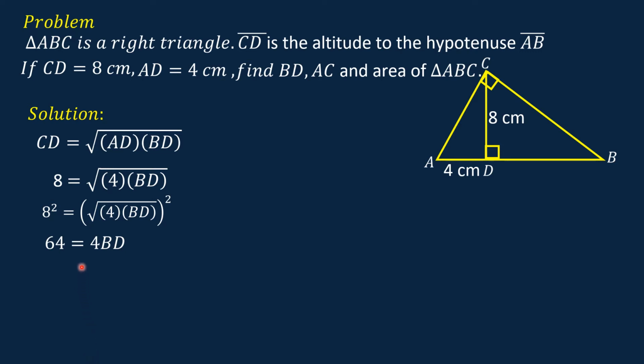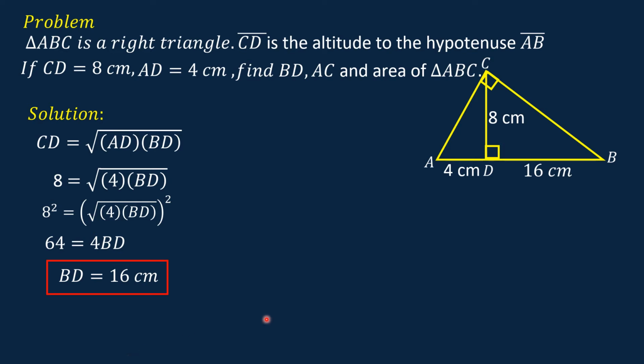We divide both sides by 4. So BD is equal to 16 centimeters. So this segment BD is equal to 16 centimeters. We can now solve for AC. AC is one of the legs of this right triangle.